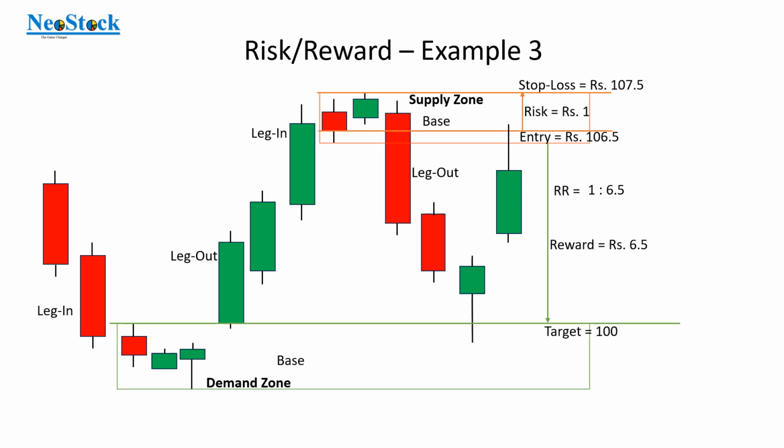Obviously, when you try to correlate non-related things, that doesn't work. But supply and demand zone price action is not like that. Everything is there inside this concept. They are related. When they are related, obviously your concept works in a perfect manner.